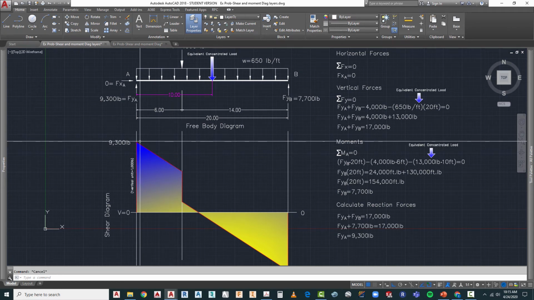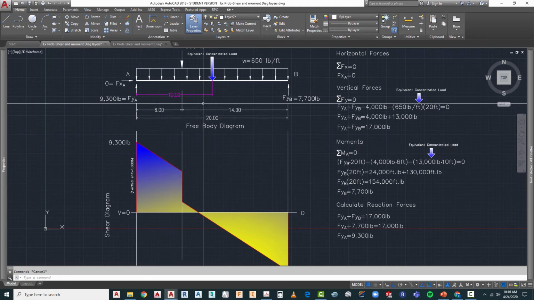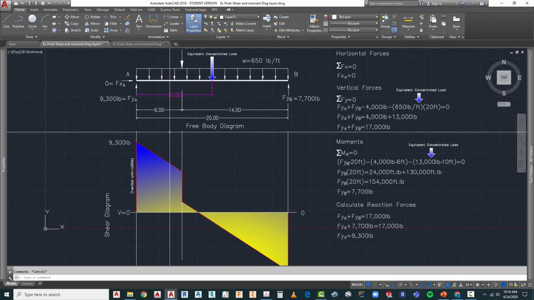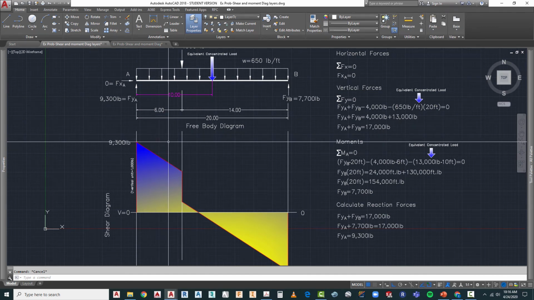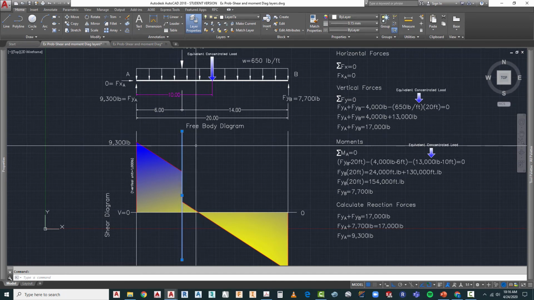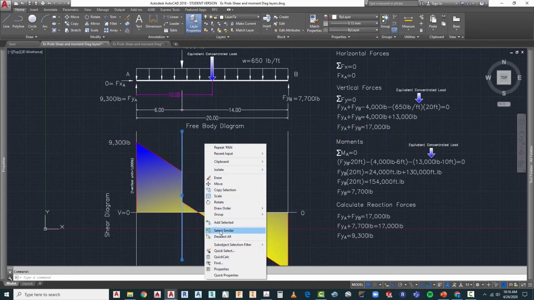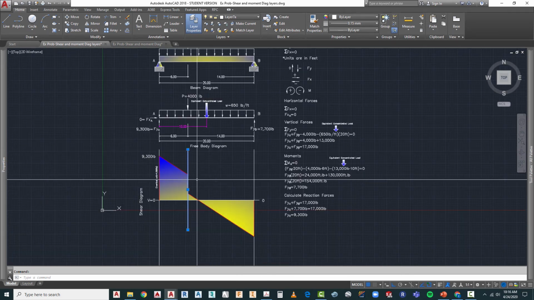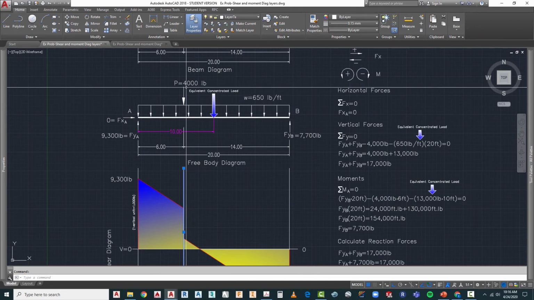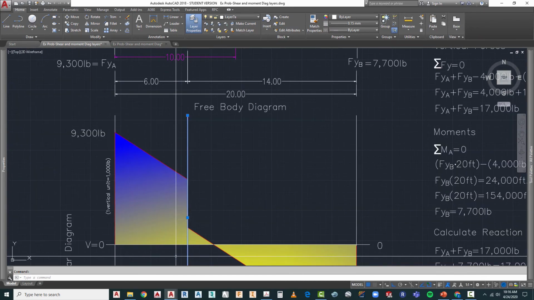So that will continue at that specific slope based on the weight per foot times the distance that it's going across until it reaches the other event right here, which is, if we pan down just a little bit in here, or zoom out, you will see that is where we have our 4,000 pound load.